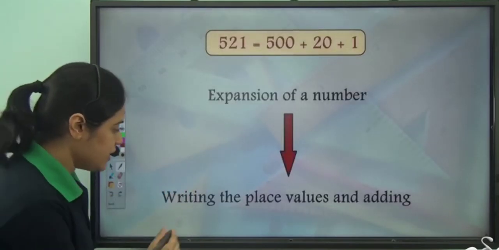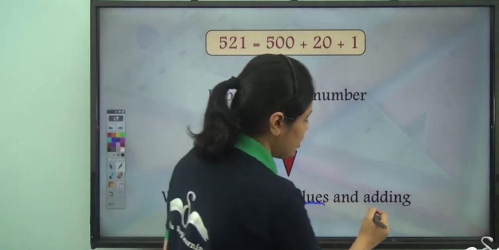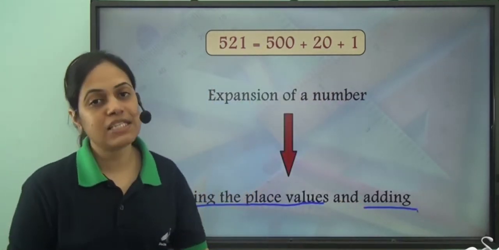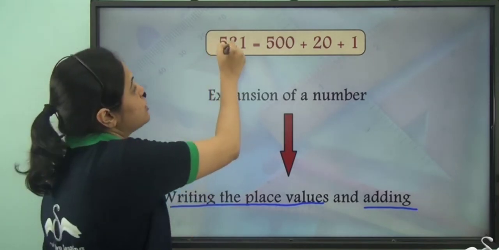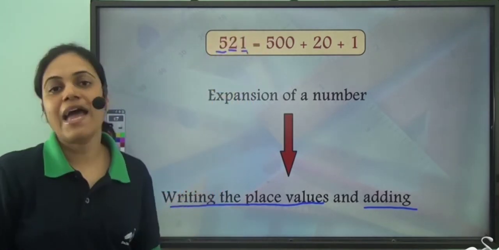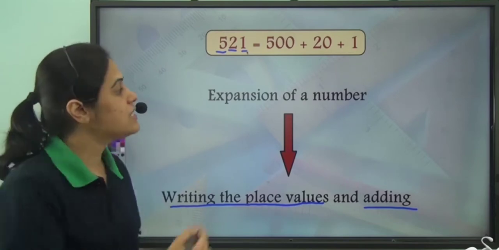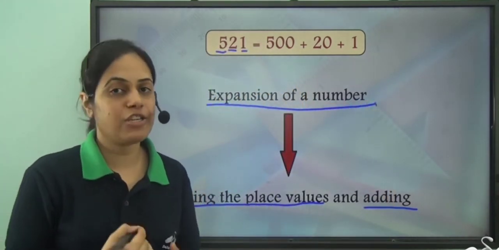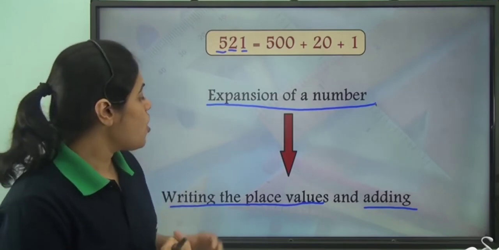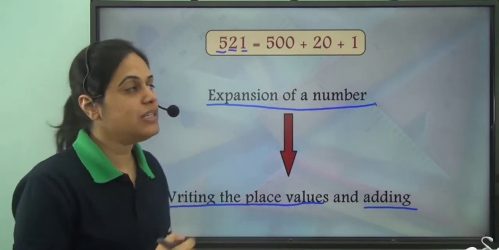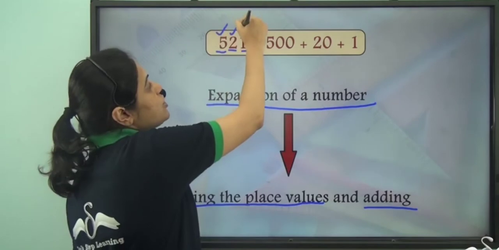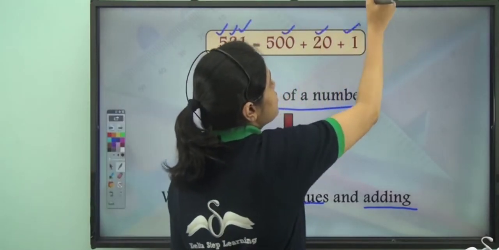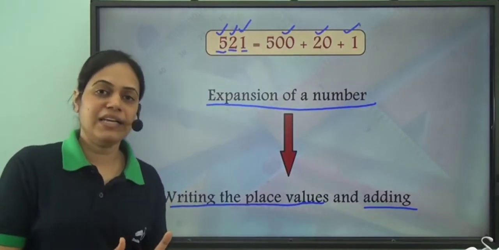Expansion of a number means writing the place values and adding. So when I write the place values of the different digits of a number and add them, it means I am expanding a number. Expansion of a number means taking the different digits, writing their place values and adding them.